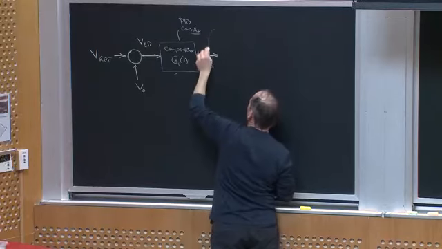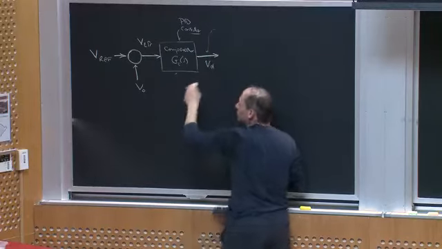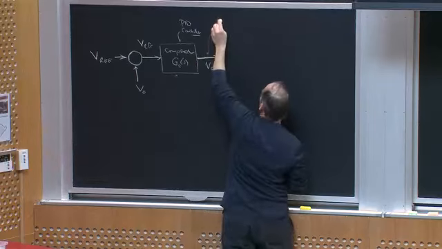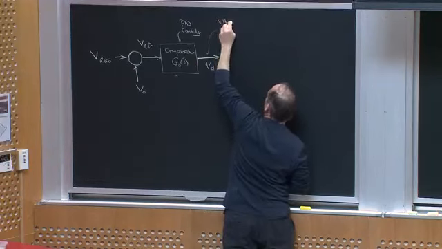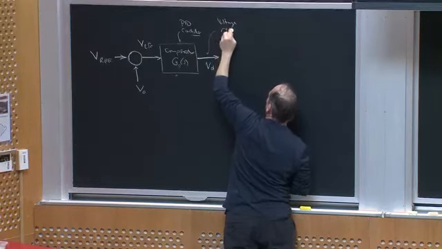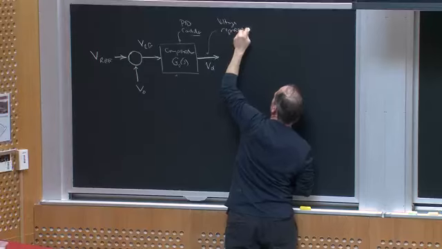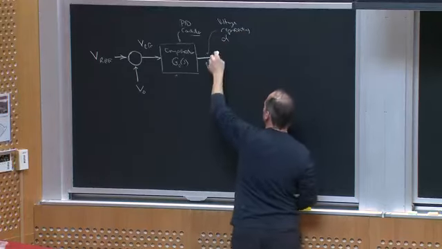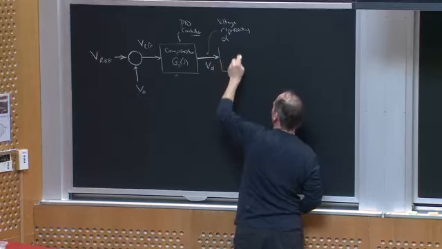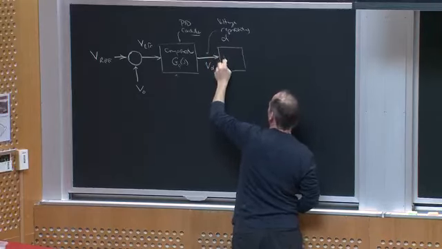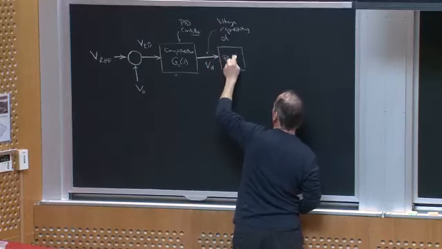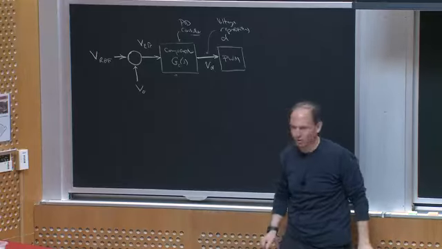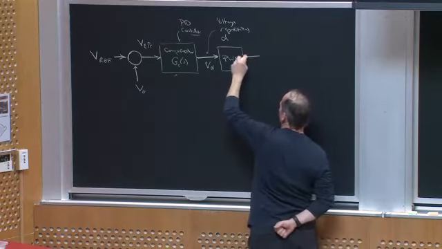What is this signal? This is usually a voltage, although I could represent it with a current. It's a voltage representing the duty ratio I want. Okay? Now I have a voltage representing the duty ratio. I have to put this into some PWM circuit, pulse width modulation circuit, that's going to give me q(t).